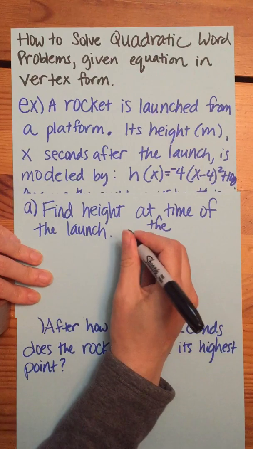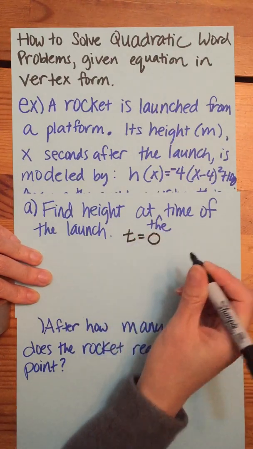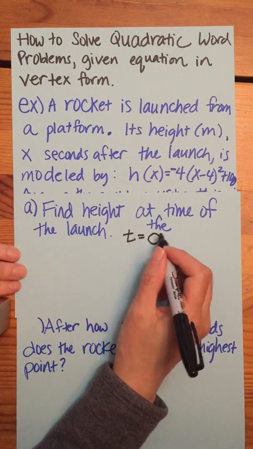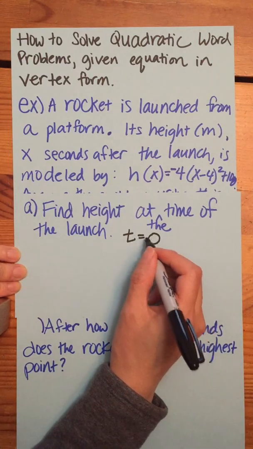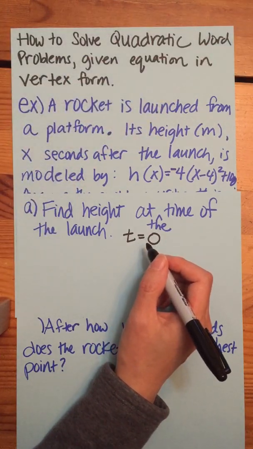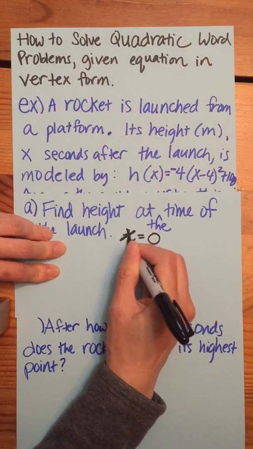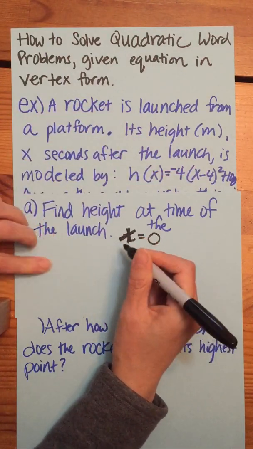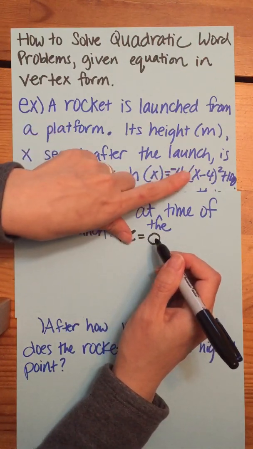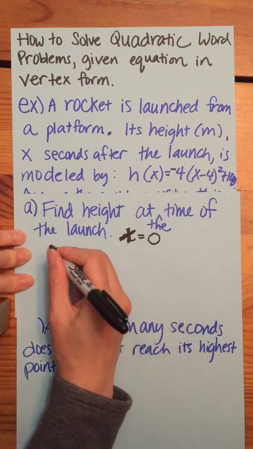They're not going to explicitly say it, but they have to give you some sort of number in there, secretly or explicitly. So at the time of the launch, it's the time equals 0, no time has passed. So I'm going to plug this value of time into the equation, and they used x, so let me switch that to x. I'm going to plug this value in to solve for the height at 0 seconds.